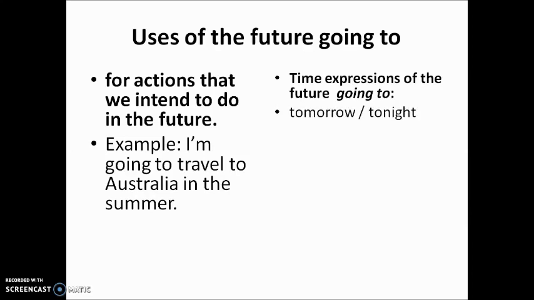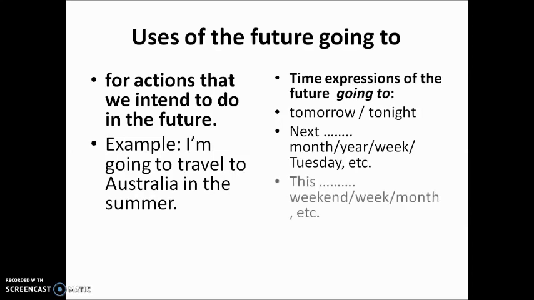For example, tomorrow, tonight, next with a period of time: next month, next year, next Tuesday, next century, etc. Also, this and a period of time: this weekend, this week, this month, etc. Also, in an hour, in a year, in a month, in a few days, and the last one is soon, which means very near.